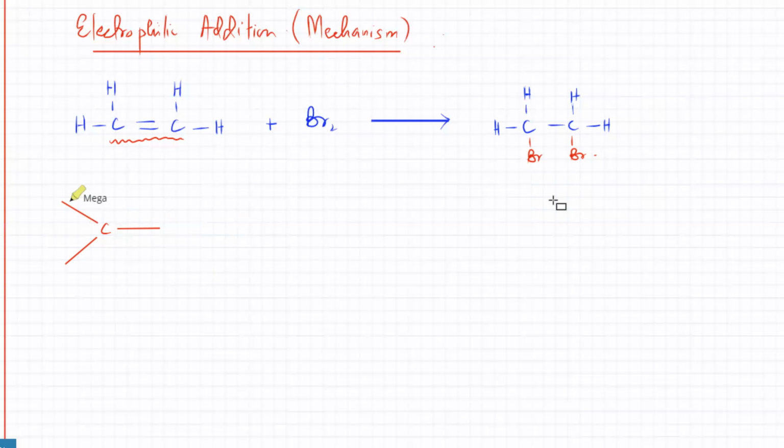So this is an sp2 hybridized carbon atom, and one of the electrons is available for pi bonding.